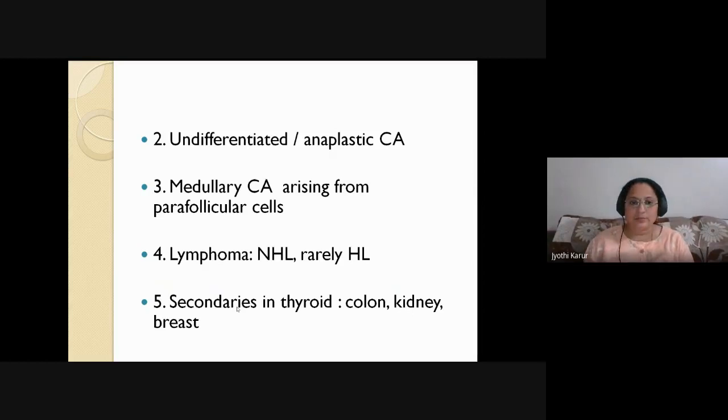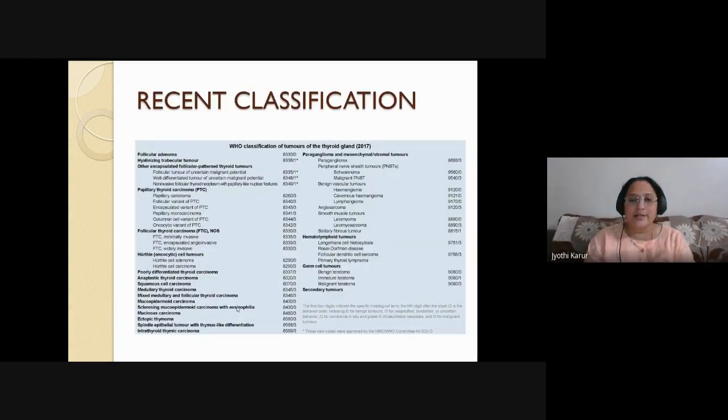But now, this is the recent classification. Please don't get afraid looking at this. It has also been simplified. What they have taken was the anaplastic carcinoma. There is also squamous cell carcinoma, mucoepidermoid, sclerosing mucoepidermoid, ectopic thymoma. All these rare varieties of cancers have also been included.